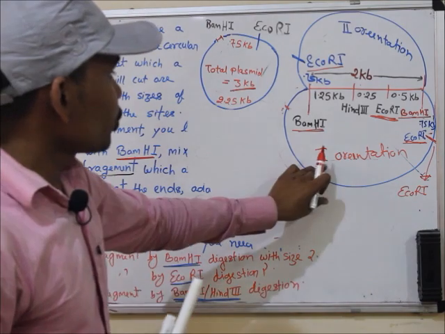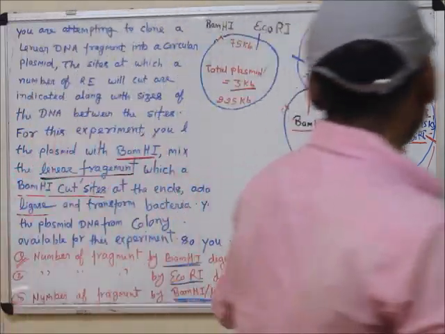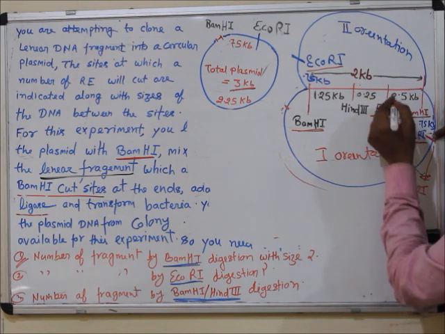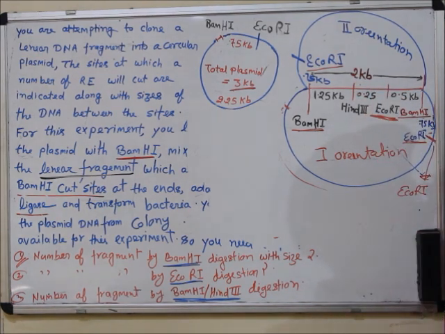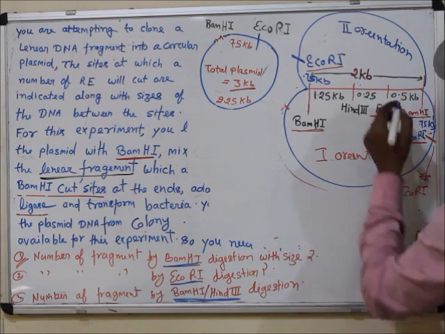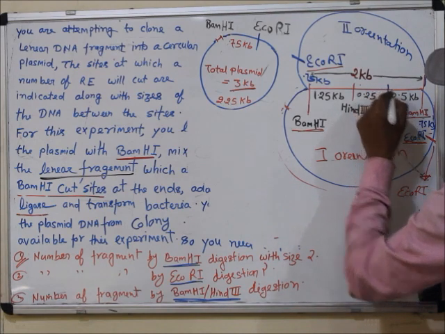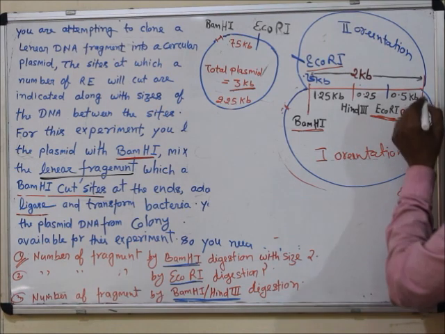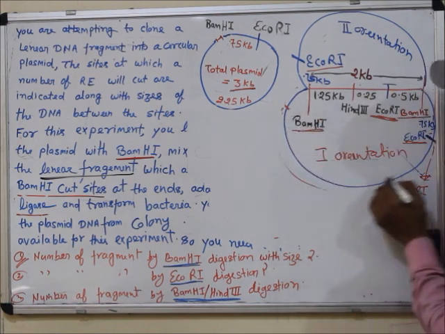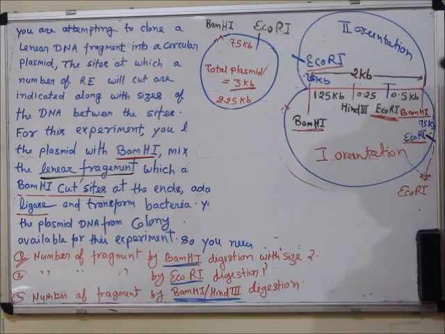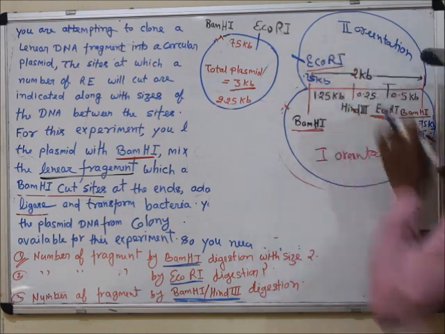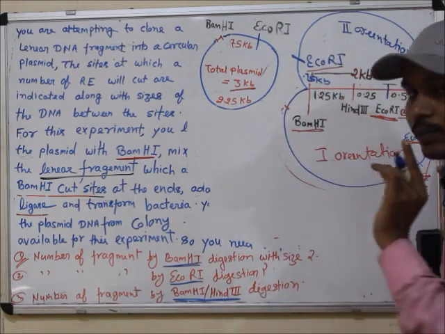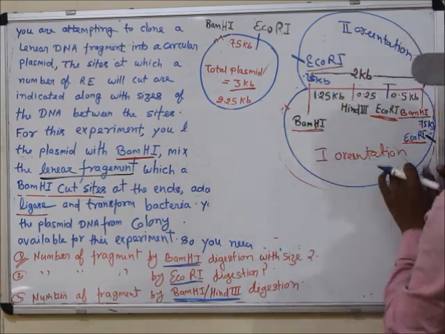Then in the first orientation, what happens? This will cut from here to here for EcoRI. I am taking only the first orientation, and we will come to the second orientation again, but first solve for the first orientation.